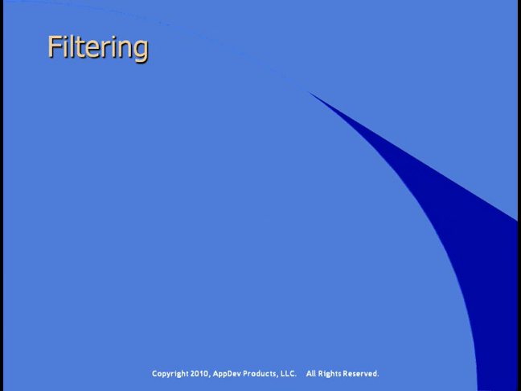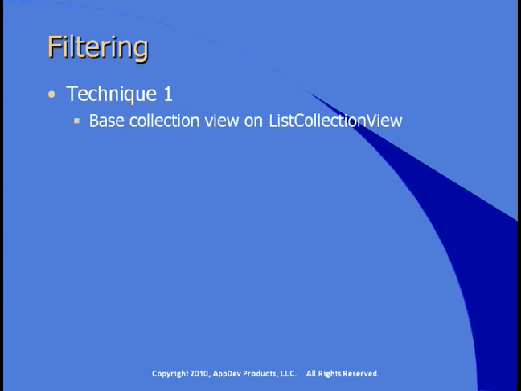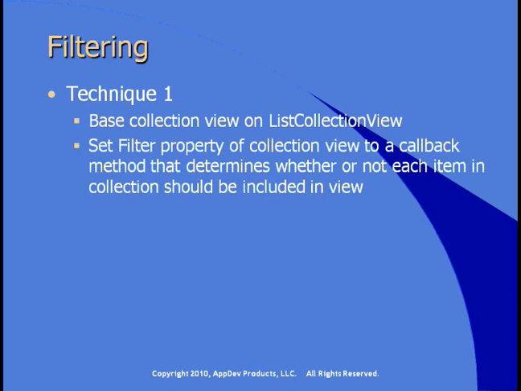You can also filter in a data grid, and there are two techniques. In the first technique, you base your collection view on an instance of the list collection view class, and then you set the filter property of the collection view to a callback method. That callback method will evaluate each item in the collection and determine whether or not it should be included in the view.